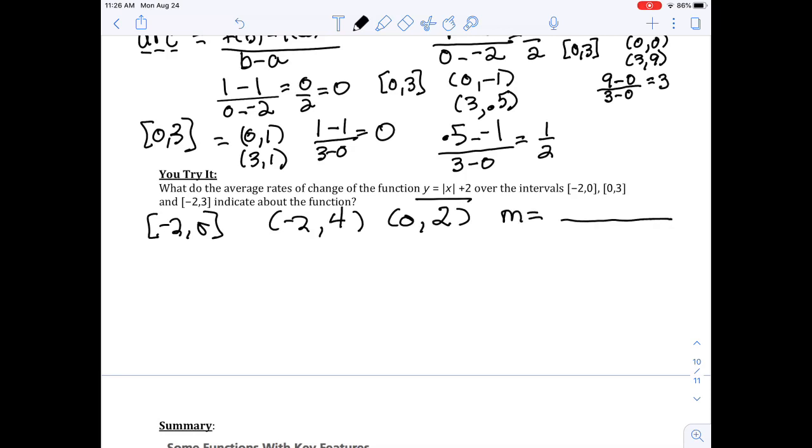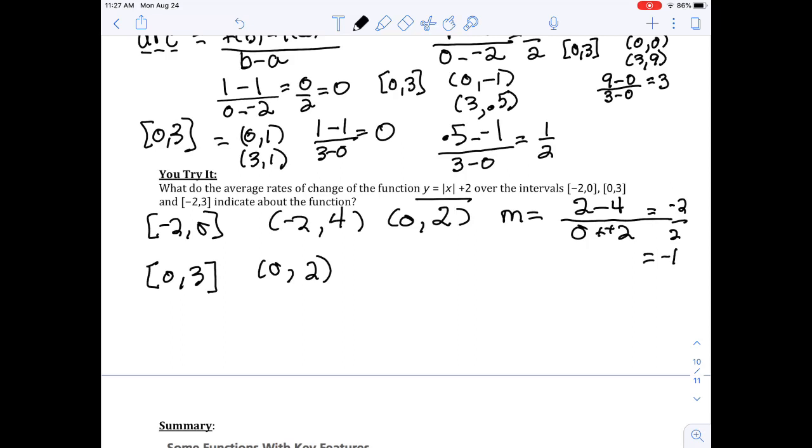And so my average rate of change, I'm just going to go ahead and use m for slope, just to remind you that it is slope. 2 subtract 4 over 0 subtract -2. That's going to give me -2 over 2, which is a -1. So between -2 and 0, my average rate of change is negative. Now let's go from 0 to 3.